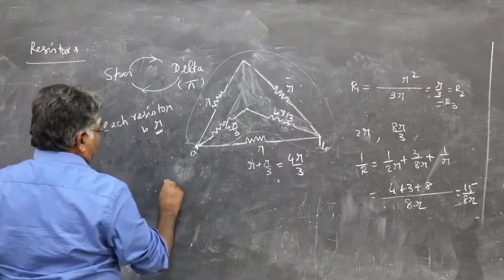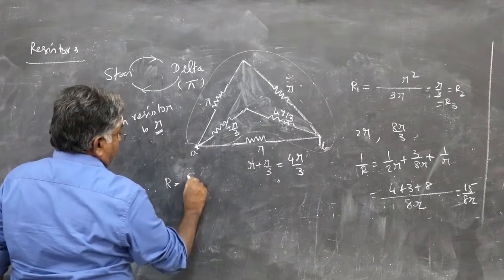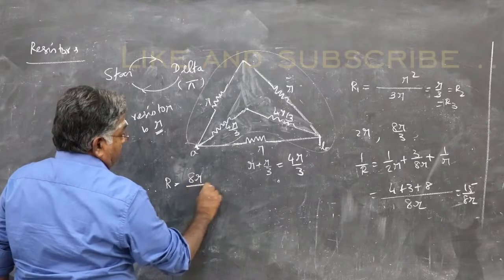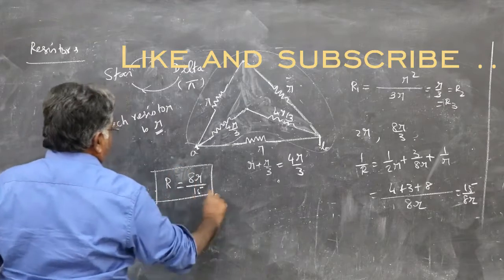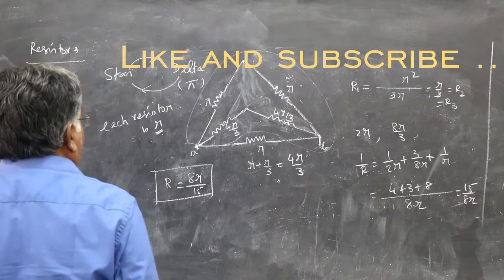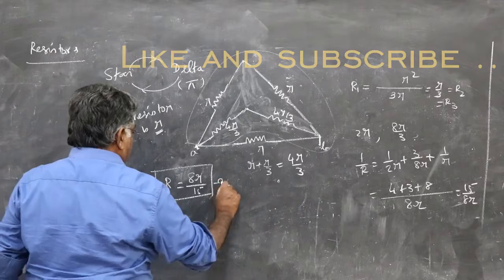Therefore R effective between A and B is 8R by 15, of course in ohms.